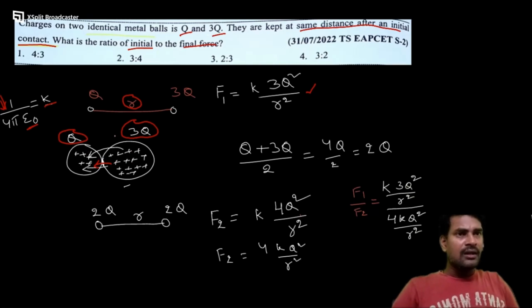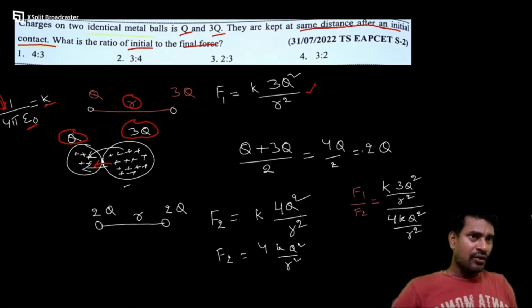So when you keep them in contact, the charge on each metal ball becomes the average of the two charges. The average is q plus 3q by 2, because there are two charges. So 4q by 2, that is 2q. Now the charge on each ball is 2q.